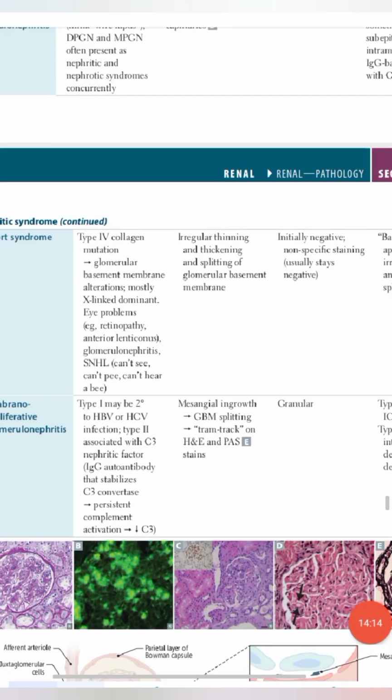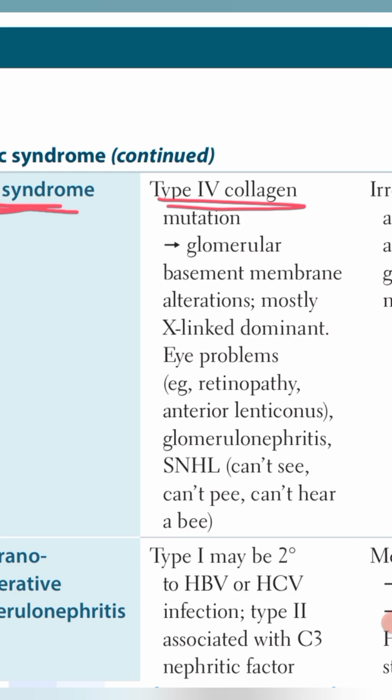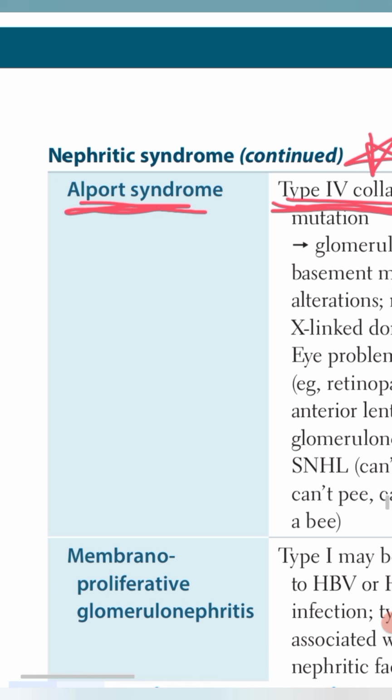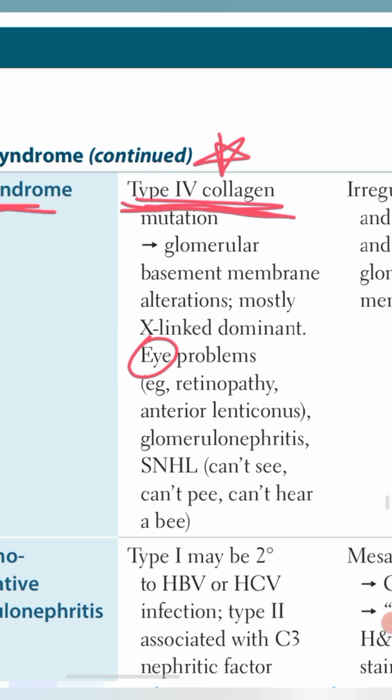Next comes Alport syndrome. In Alport syndrome, there is also a clinical presentation of nephritic syndrome. You know that the glomerular basement membrane is made up of type 4 collagen. If there is a mutation of type 4 collagen, it will result in Alport syndrome. So it will affect the basement membrane of the eyes, ears, and the kidneys.